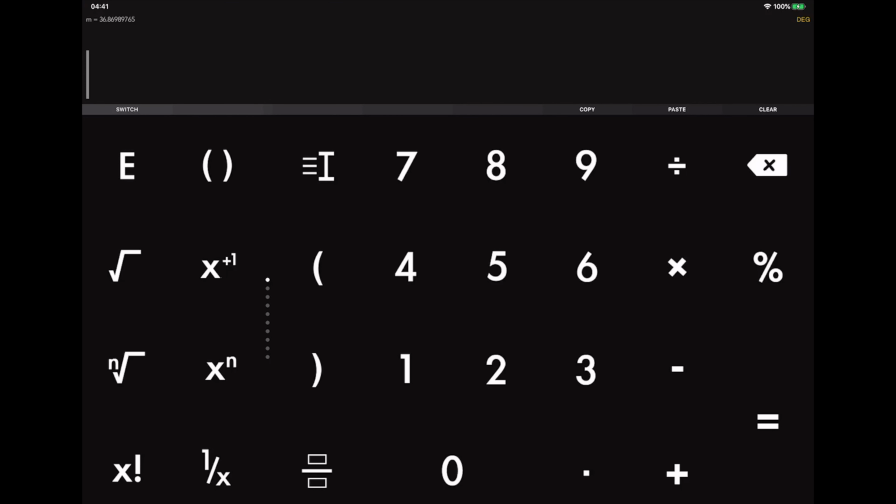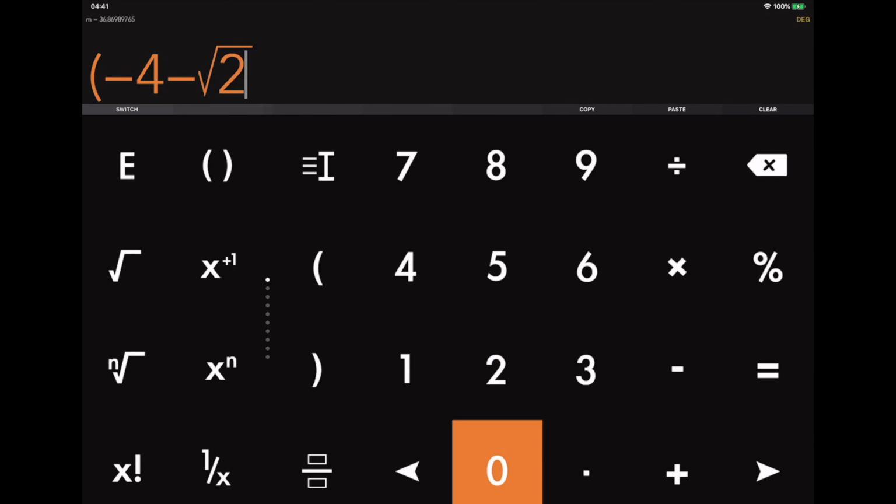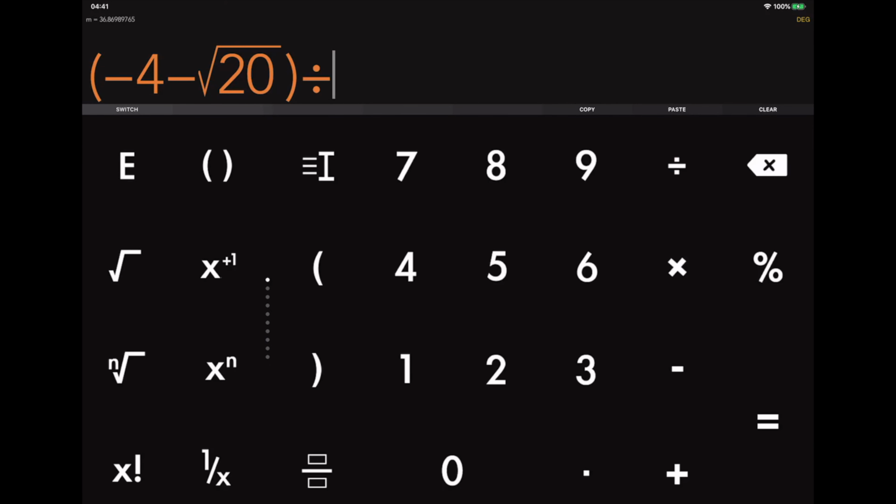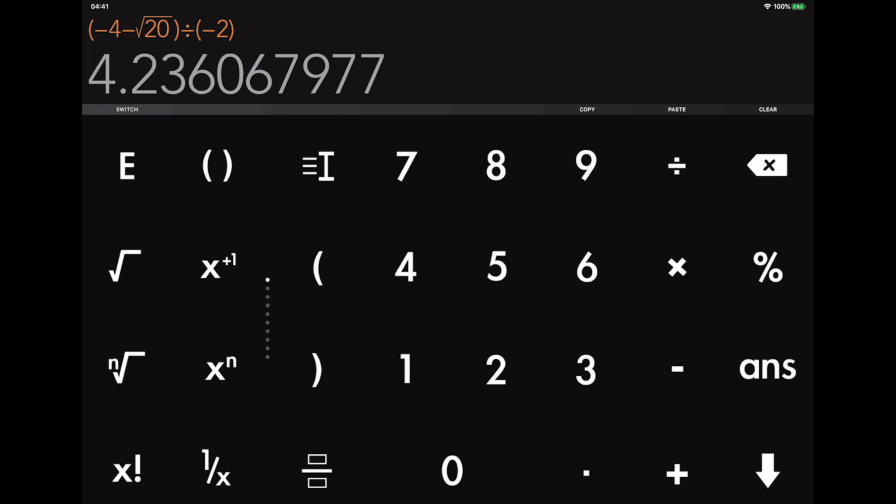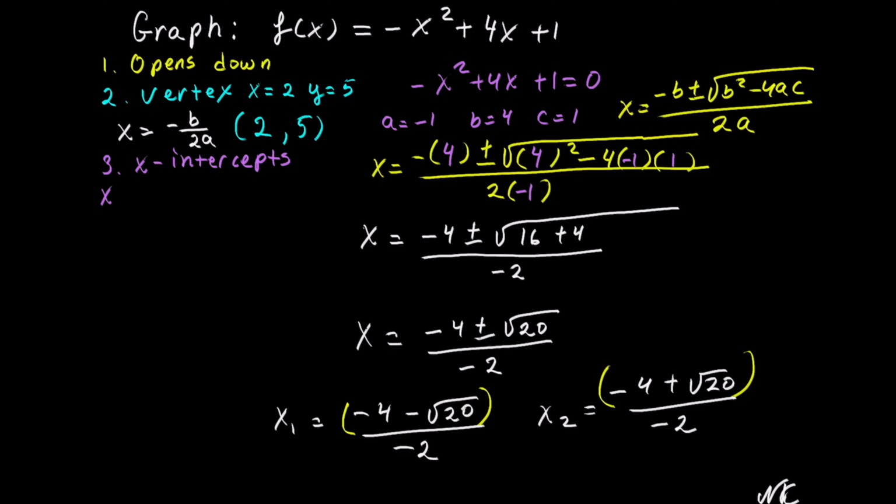So the first x value was, open a parenthesis, negative 4 minus the square root of 20, close the parenthesis, divided by negative 2, and this is equal to 4.236067977. Let's round this off to 2 decimal places, and we get x1 is about 4.24.